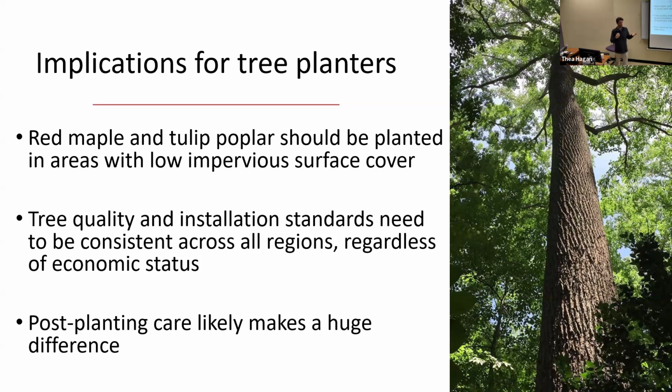This is something we're working on right now, trying to figure out, but the people who are selecting the plants and installing the plants in a DCI Zone 1 neighborhood, are those the same people that are doing it in DCI Zone 5? And after planting, what kind of care do they receive over that next 5 years? Our data suggests that care post-planting varies, and the ones in DCI 5 might be relatively neglected.